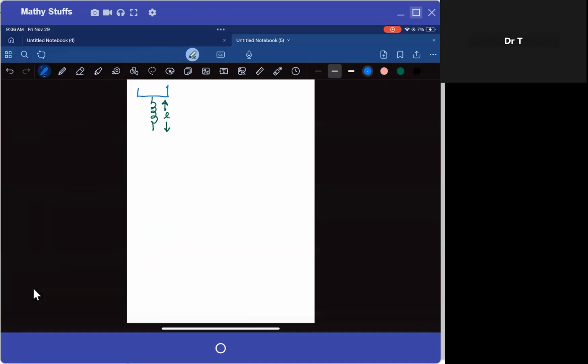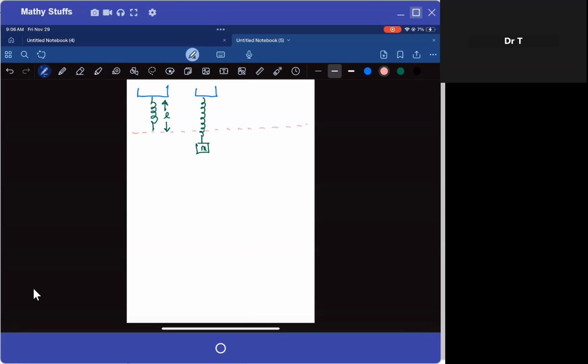Next, I'm going to get blue. I'm going to draw these side-by-side pictures. I'm going to attach the mass to it, and that's going to pull the spring down a little bit. How much did I pull that down? Let's make a little line across here.